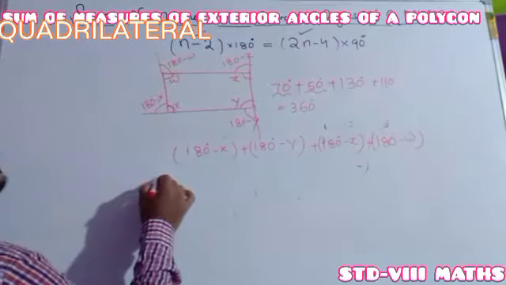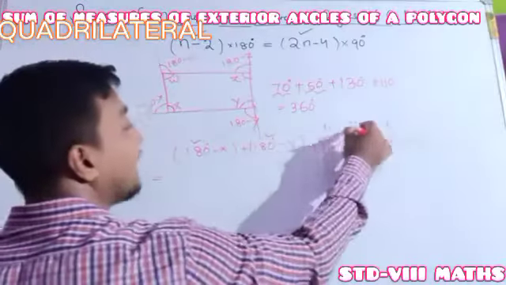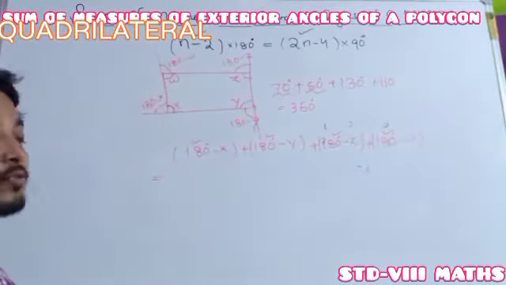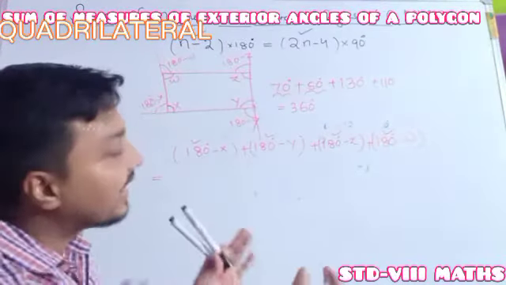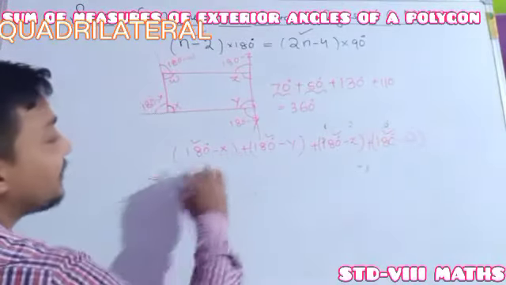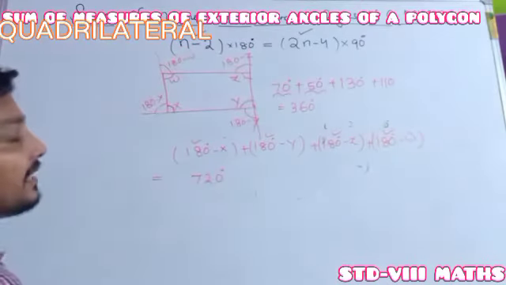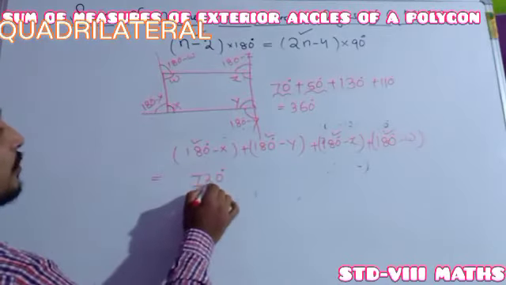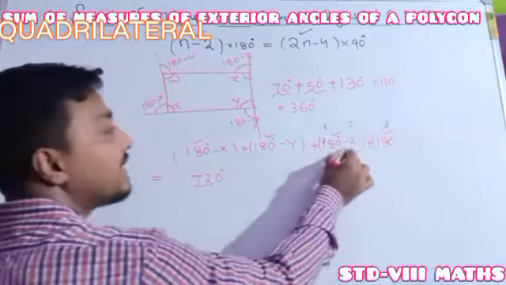On opening the bracket, 180, 180, 180, 180. So together there are 4 numbers of 180, which I keep separately. Their sum I am directly writing as 720, because 18 times 4 is 72, and I have given an extra 0. Minus x, minus y, minus z, minus w.